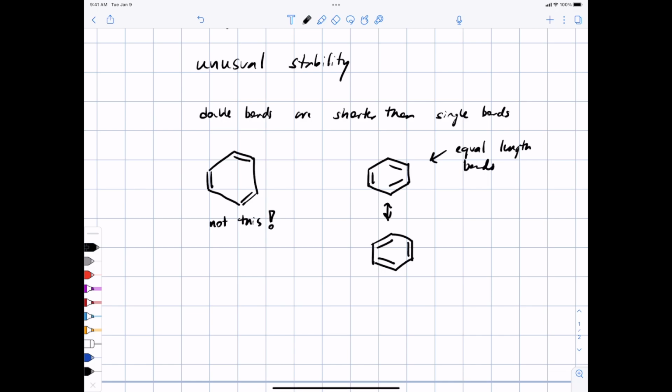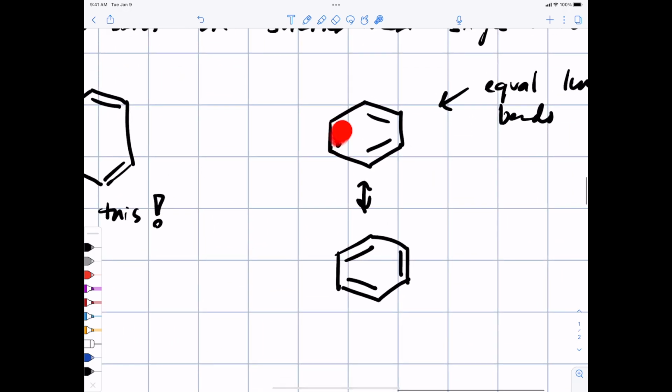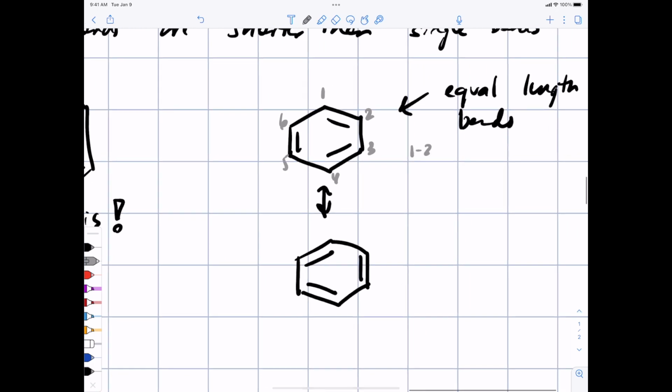So you can't look at benzene and say which carbons are involved in pi bonds, or rather which carbons are pi bonded to each other, because if we number the carbons 1, 2, 3, 4, 5, and 6, are the pi bonds between 1 and 2, 3 and 4, 5 and 6, or are they between 2 and 3, 4 and 5, and 6 and 1? And the answer is yes. So resonance is an important part of benzene's unusual stability. Resonance delocalization of electrons is stabilizing.